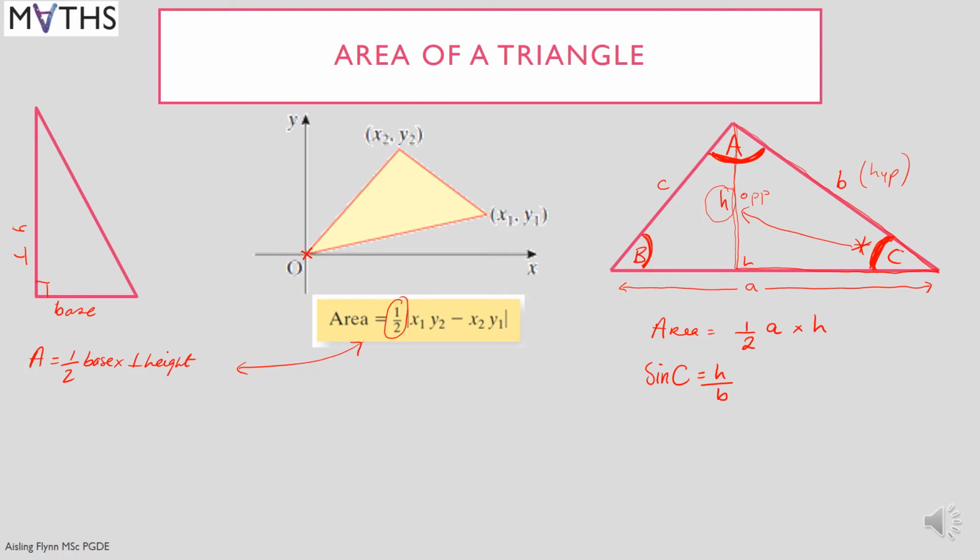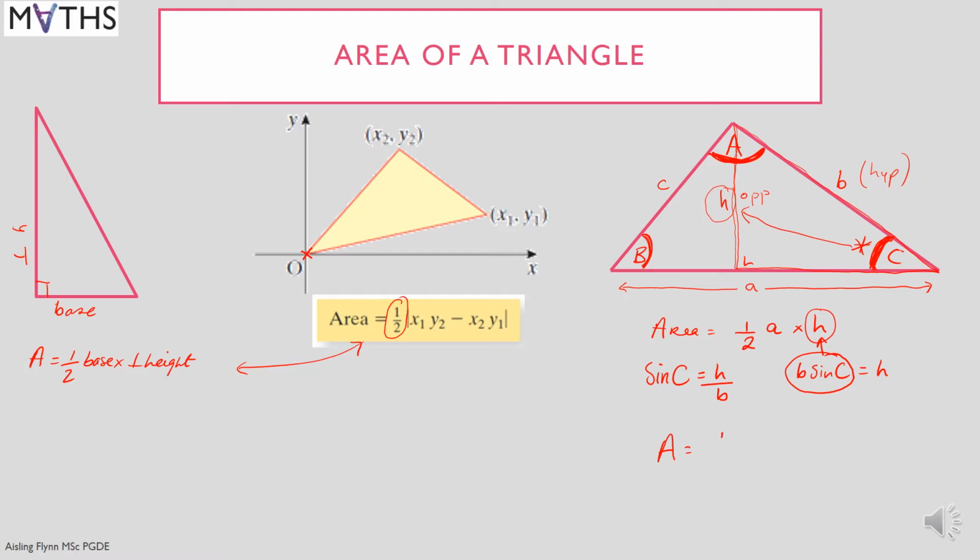And if we alter that ever so slightly, multiply both sides by B, we'll get B sine C on the left, and we'll get H on the right. And this here can be used to replace H in this formula. Okay, so that's where the formula on the next page comes from.